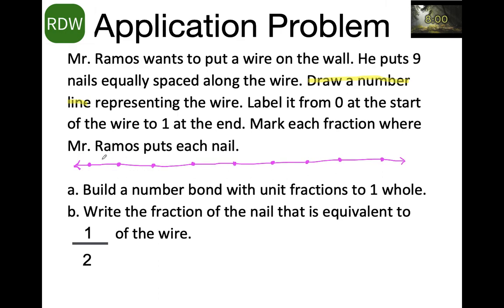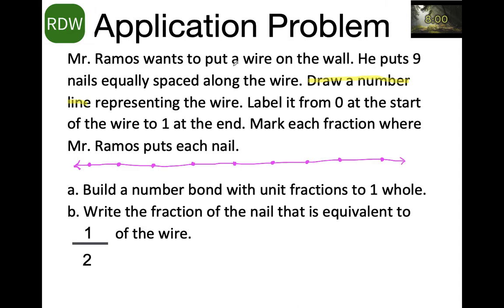I want to count those out loud with you all. So I have 1, 2, 3, 4, 5, 6, 7, 8, 9. I have 9 nails equally spaced along the wire.